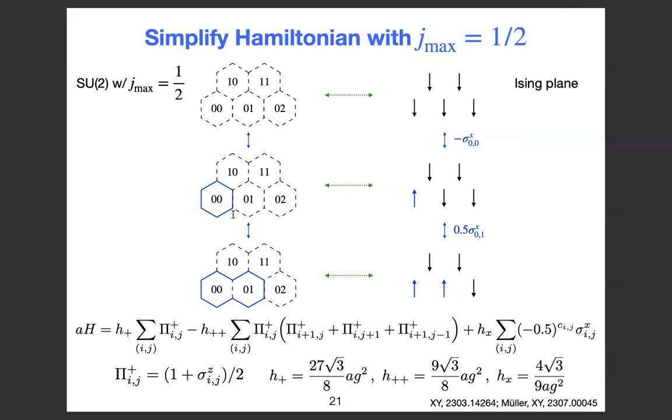And if we apply another plaquette operator at, for example, this 0, 1, we just flip the spin. In this spin picture, we can write down the Hamiltonian completely in terms of Pauli matrices. It involves a single-body term, a two-body term, and also a 7-body term for the plaquette operator. And this is what we're going to use in the rest.